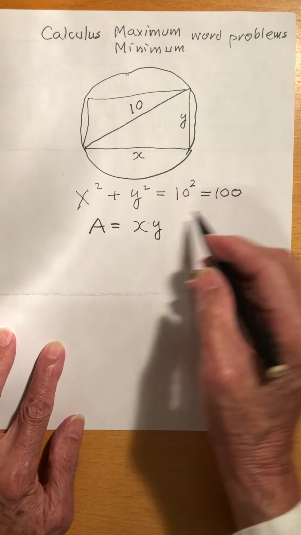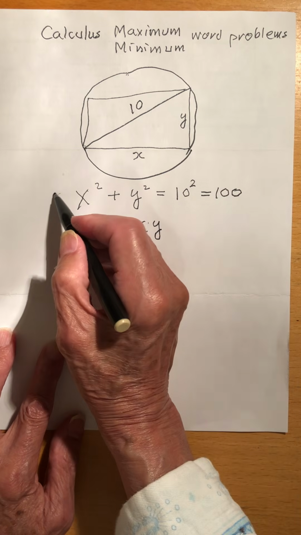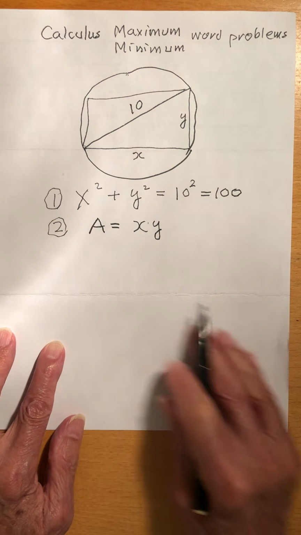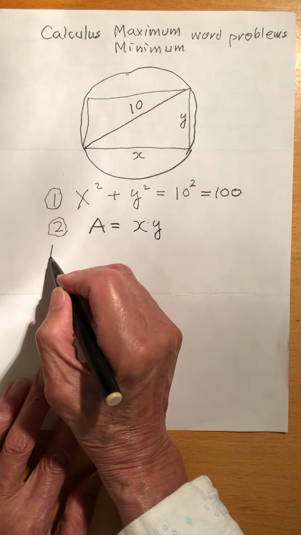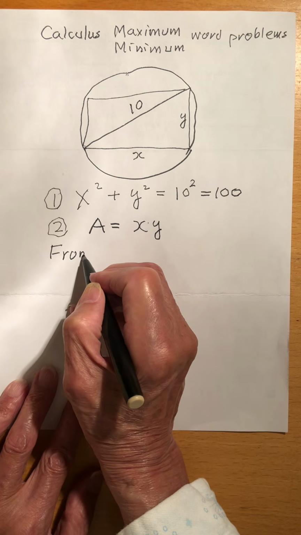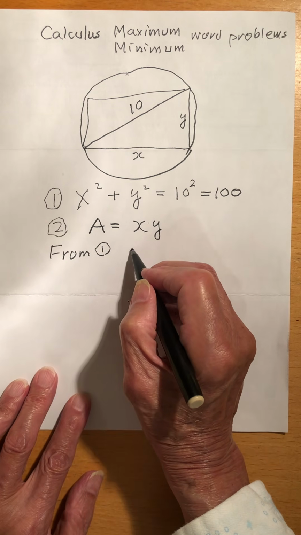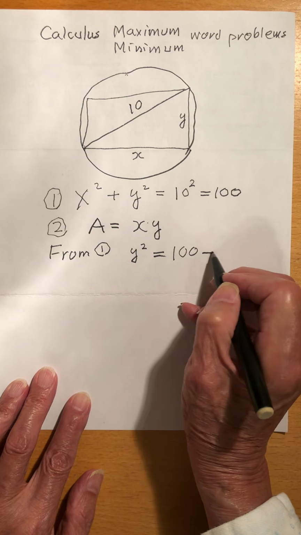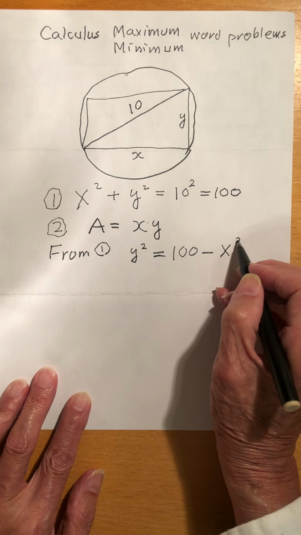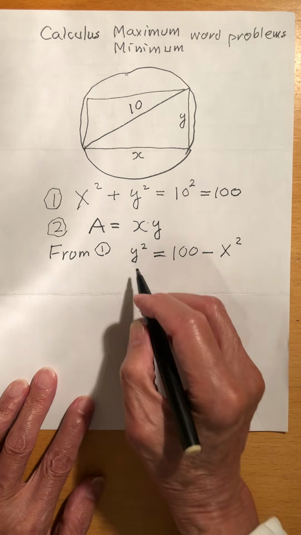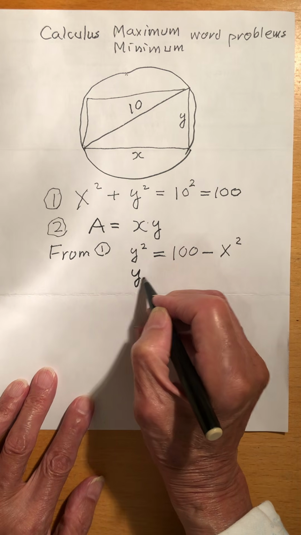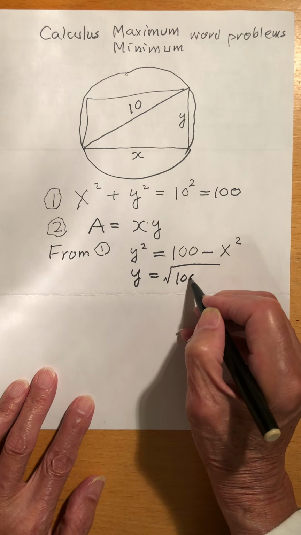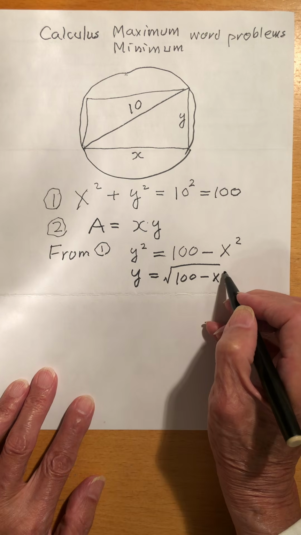Okay, let's eliminate y from this. Let's call this 1. And let's call this 2. From 1, I have y squared equals 100 minus x squared. Therefore, my y is the square root of 100 minus x squared.